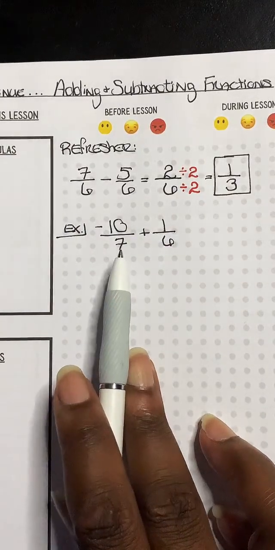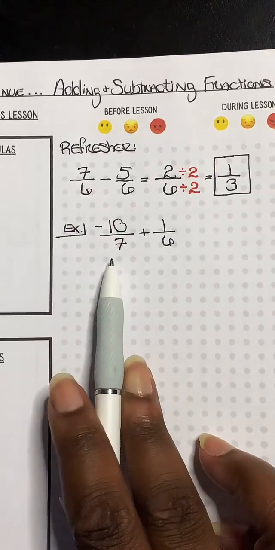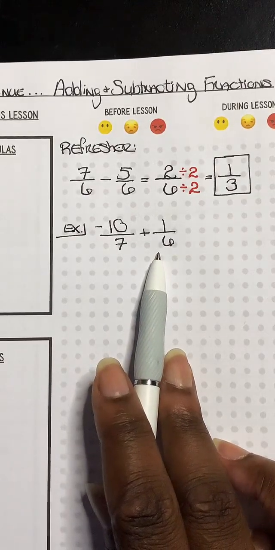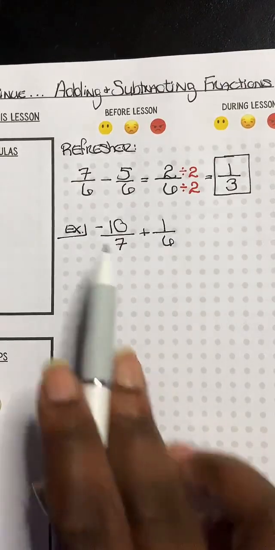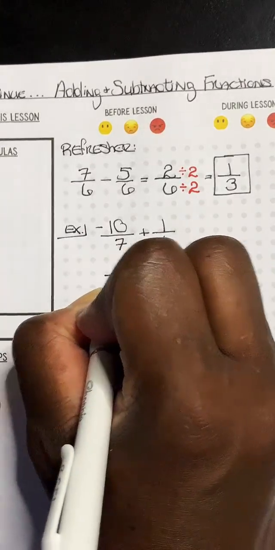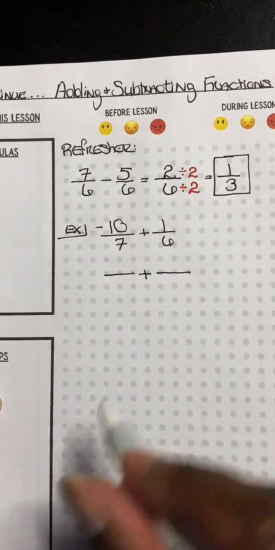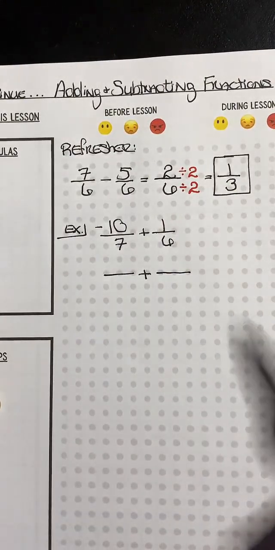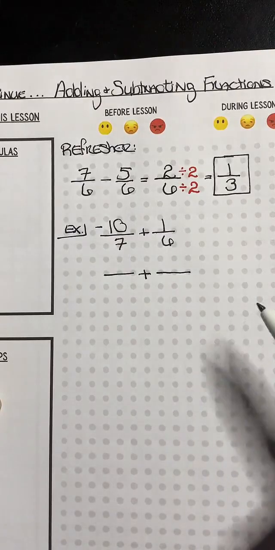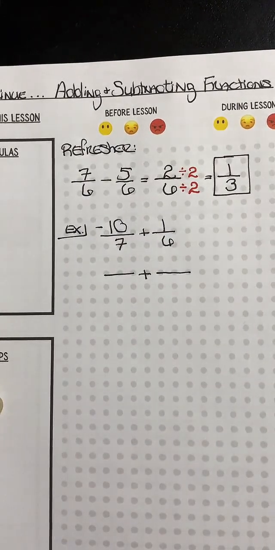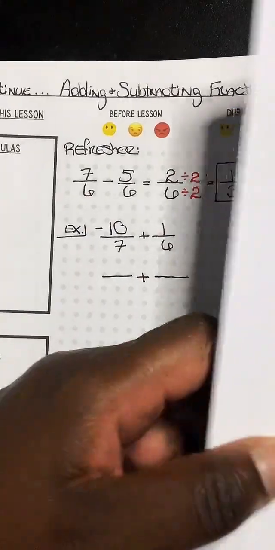So right now, they don't have a common denominator. One has a 7, one has a 6. So we need to see what number do they both have in common to give us that same denominator. So you can go through the 6 times table. You can go through the 7 times table. And you can take a look to see what do they have in common.